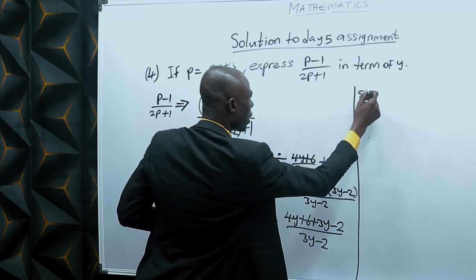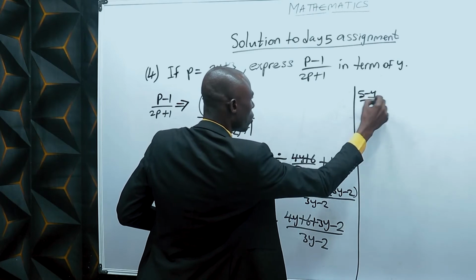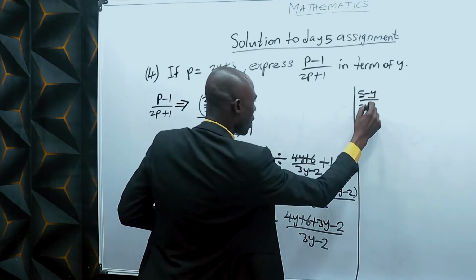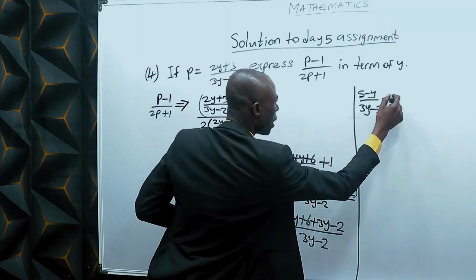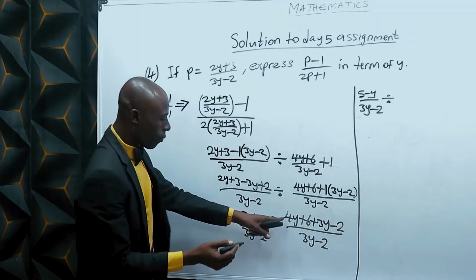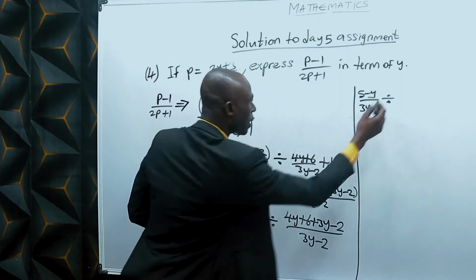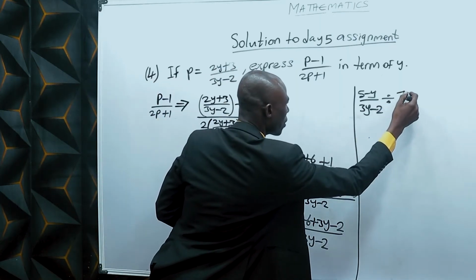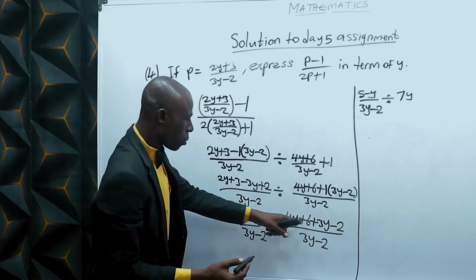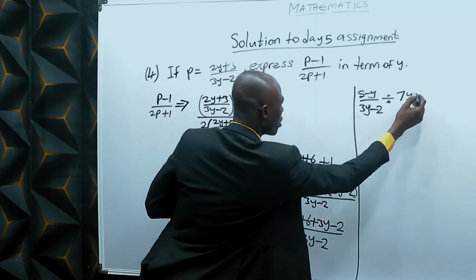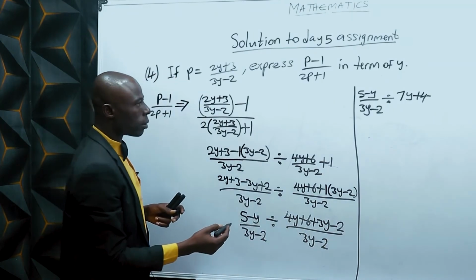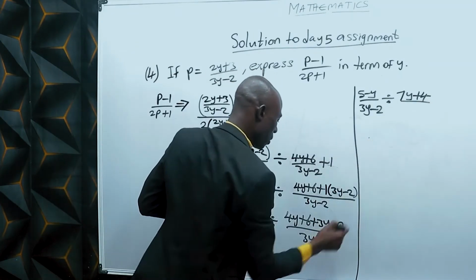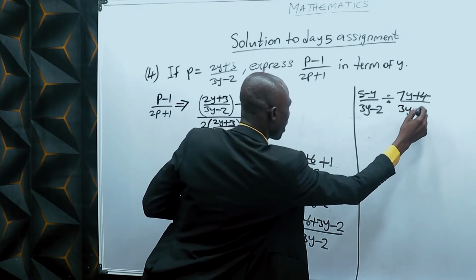We have 5 minus y all over 3y minus 2, divided by 4y plus 3y, that is 7y, plus 6 minus 2, that is plus 4. I hope you are following. Divided by 3y minus 2.